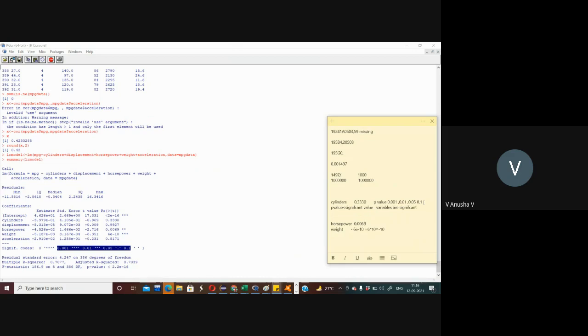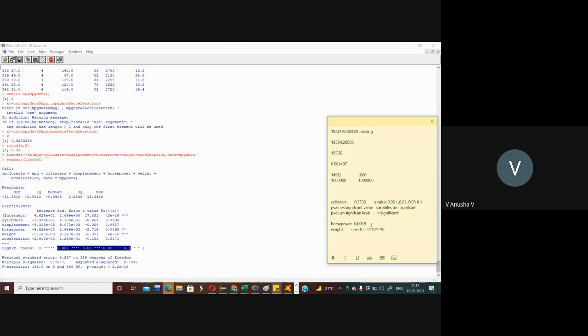And if the p-value is greater than the significant level, then I can say those variables are insignificant or not significant. Here, whenever I compare this value with these significant levels, the p-value will always be greater than the significant level. So here it should be greater than, not less than. Then I can say this is insignificant.